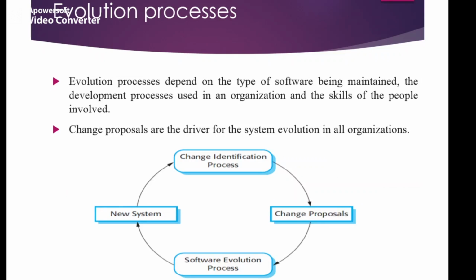Here in the change identification process, you are identifying what changes need to be made, then you put forward the change proposals to the software evolution process. So the change proposal is the main driver for your system evolution process. And finally you will implement it and you will get a new system.